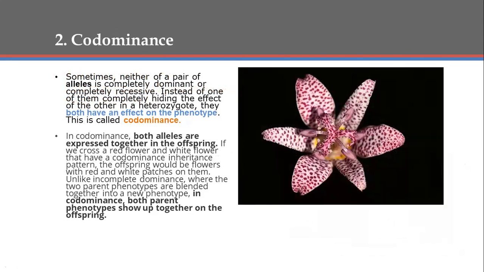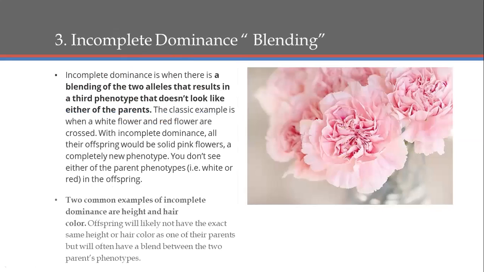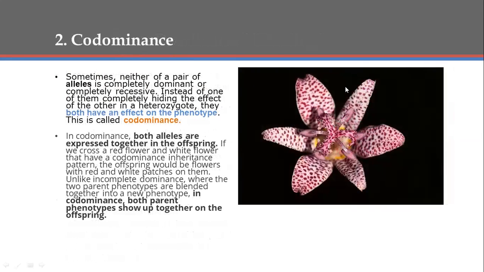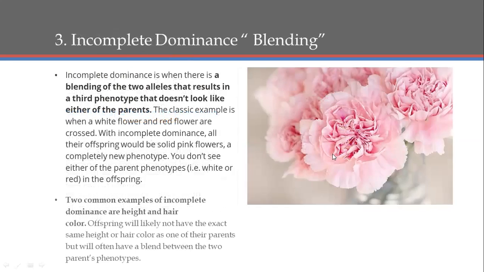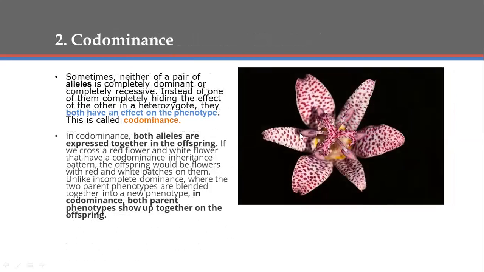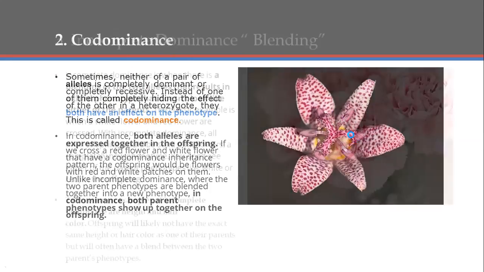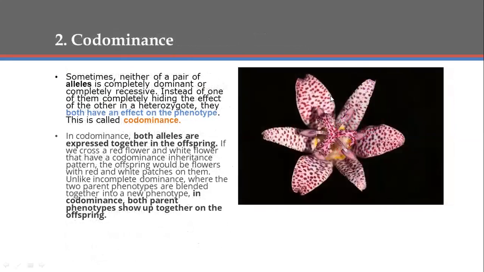But here we have something called codominance and another case called incomplete dominance. Let's show you this. This is the codominance. I want you to figure out the difference between codominance and incomplete dominance. Here, both of them have parents with the same phenotypes.